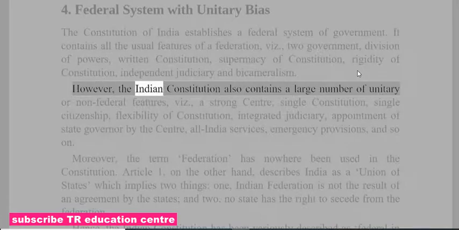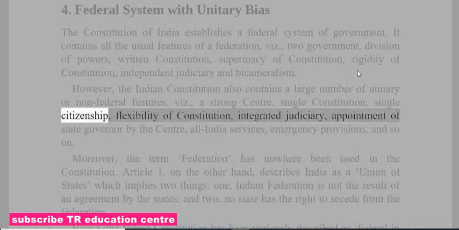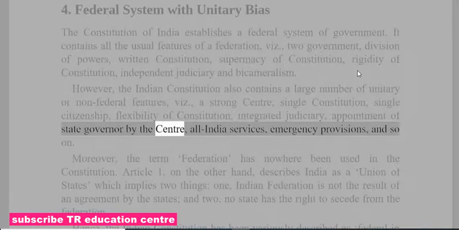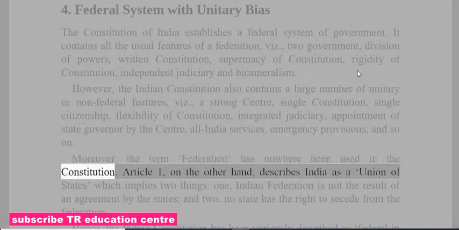However, the Indian Constitution also contains a large number of unitary or non-federal features, with a strong center, single constitution, single citizenship, flexibility of constitution, integrated judiciary, appointment of state governor by the center, all India services, emergency provisions, and so on. Moreover, the term federation has nowhere been used in the Constitution.